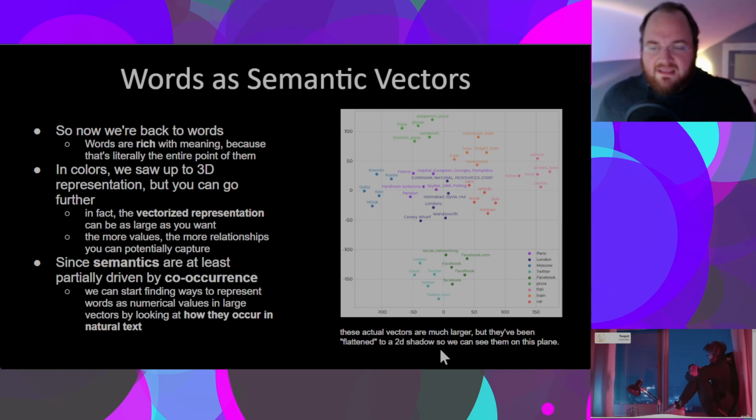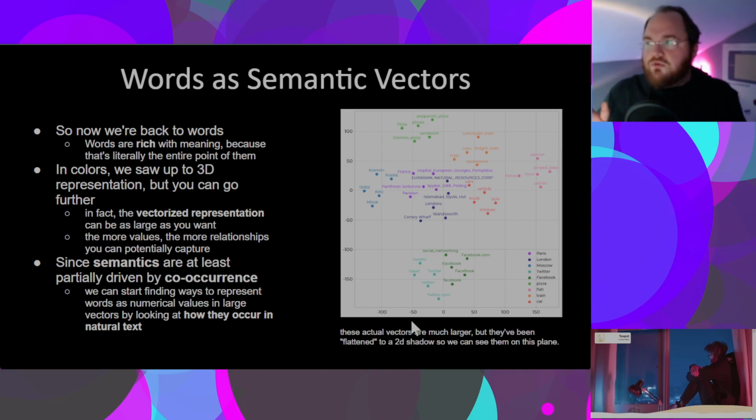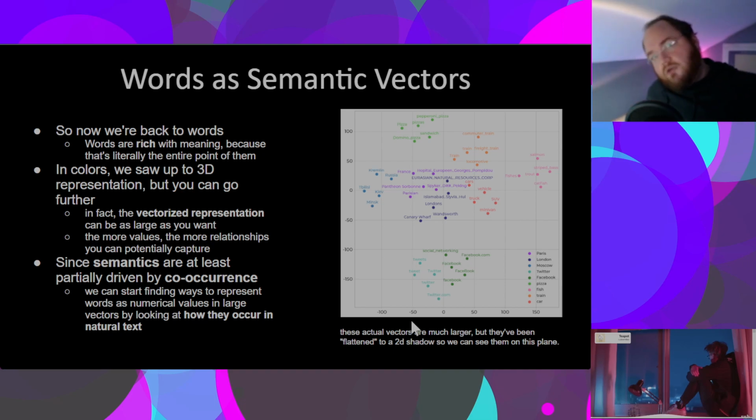Now, a quick note. Remember, these actual vectors, when we're working with them in vector semantic world, they're huge. It's like 1,500, 100,000. These vectors are large numerical vectors. What we do to show them in these kinds of situations is we flatten them out, right? Kind of like you are flattened out into a shadow when the sun casts down on you.